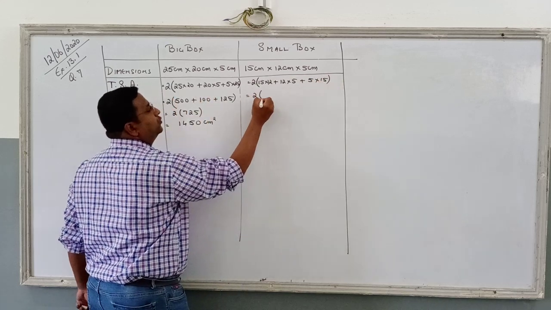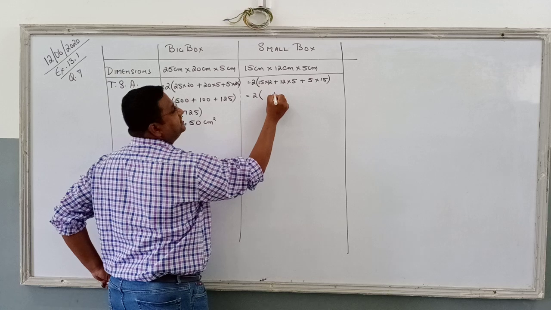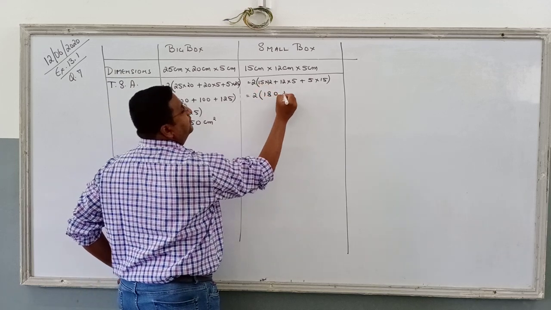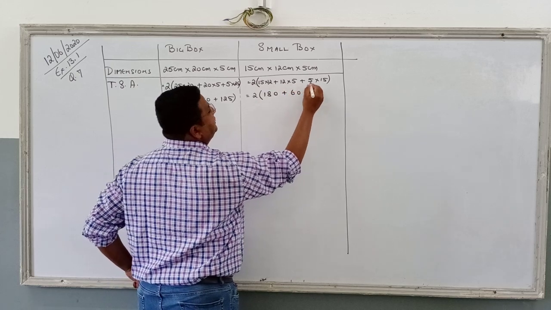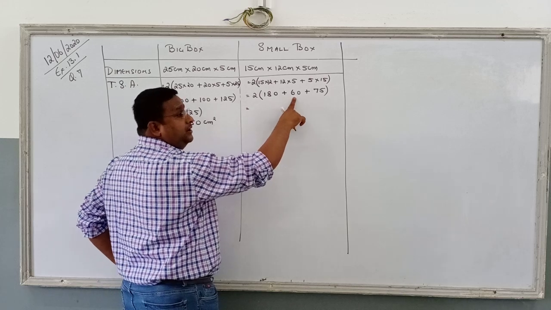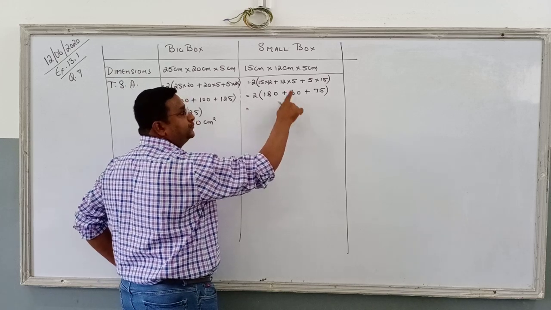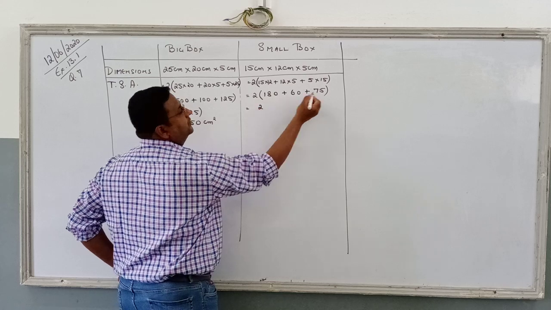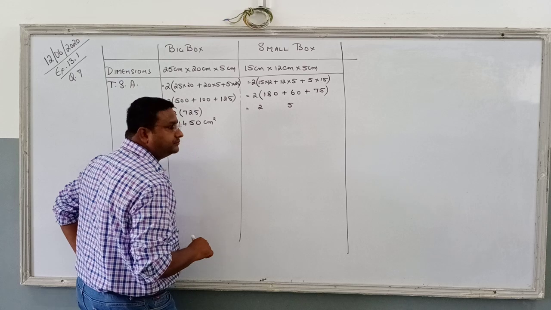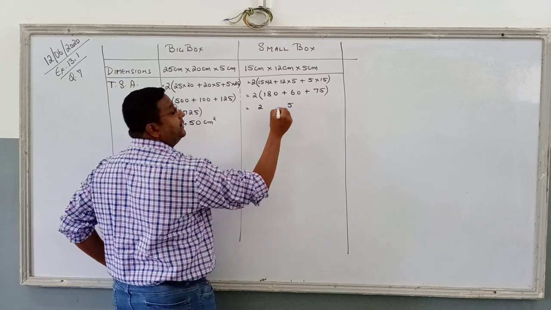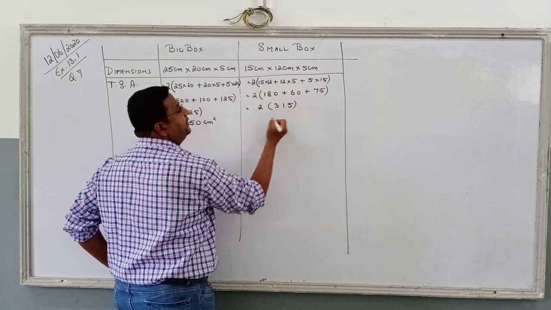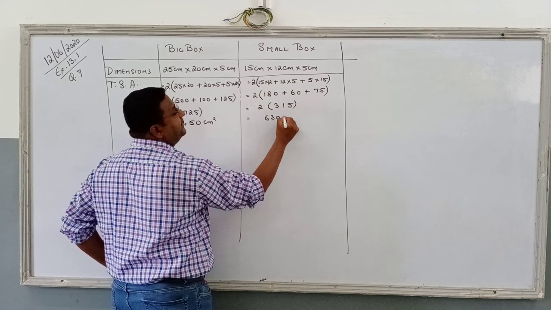So 2 into 12 into 5 is 60, 15 into 12 is 180, plus 60 is 240, 240 plus 75 is 315. 315 into 2, that is 630 centimeter square.